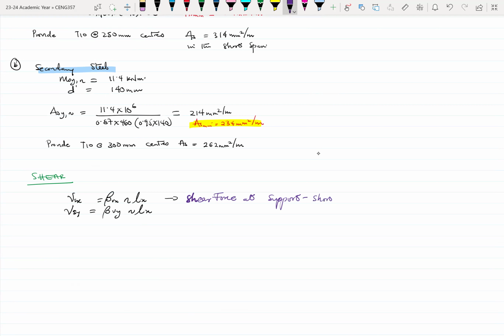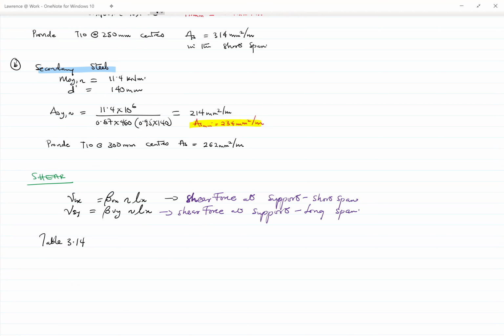And this will be the design shear force at support for the long span. Again, if you use table 3.14 in the code, it has all these properties for us. Let me see if I can pull that table.